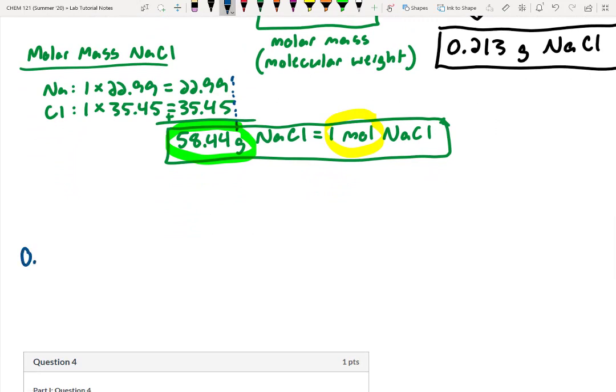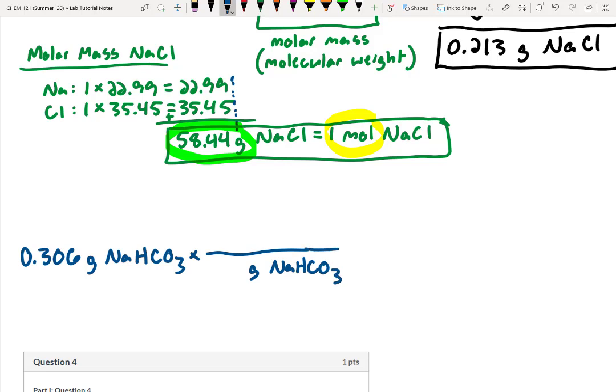So in the beginning, it said that we started with 0.306 grams of sodium bicarbonate, right? And we said we wanted to cancel out grams of sodium bicarbonate, and in fact, that's what we did in one of our earlier steps. So I'll put grams of NaHCO3 on the bottom, and I'll put moles of NaHCO3 on top.